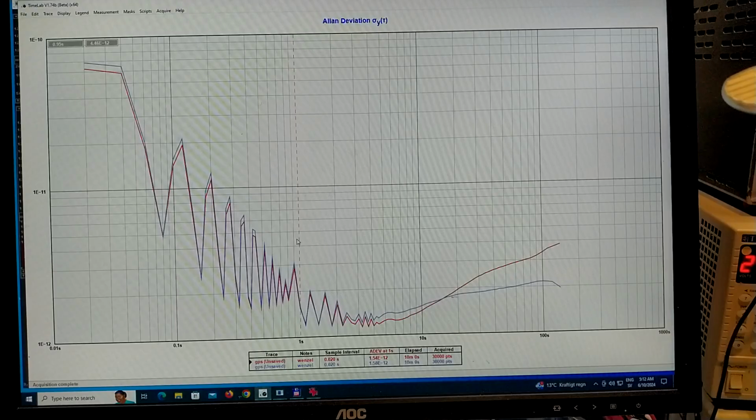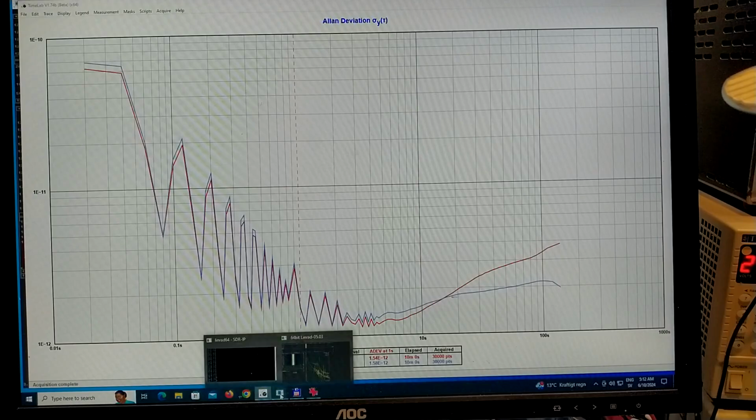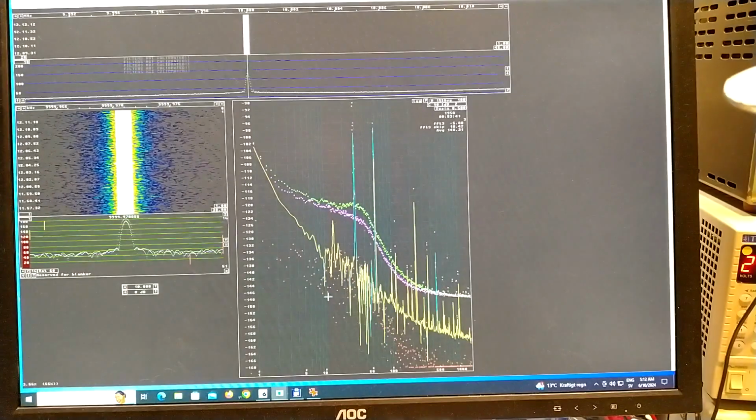Here are 2 plots of Allan deviation with a GPS disciplined oscillator and the Wenzel oscillator as the reference. The sideband noise spectrum of this oscillator looks like this.